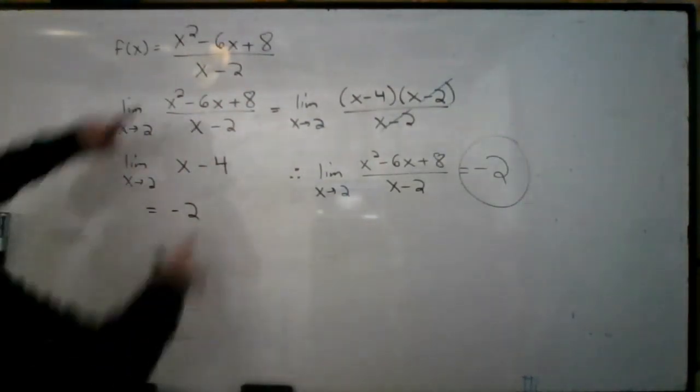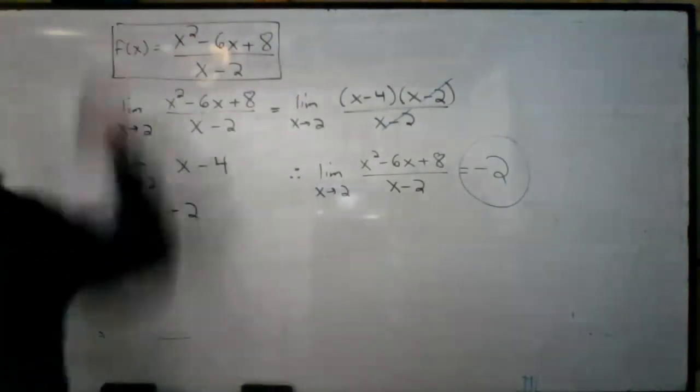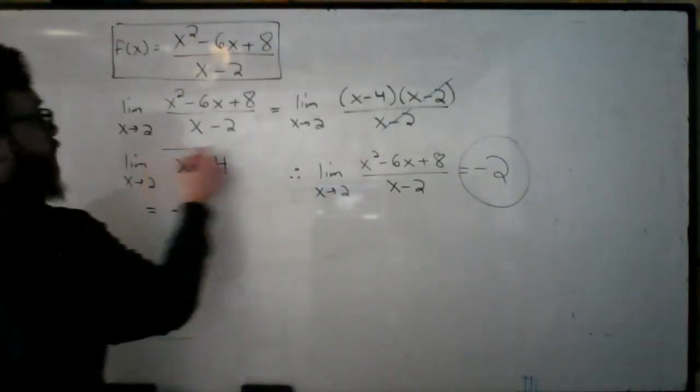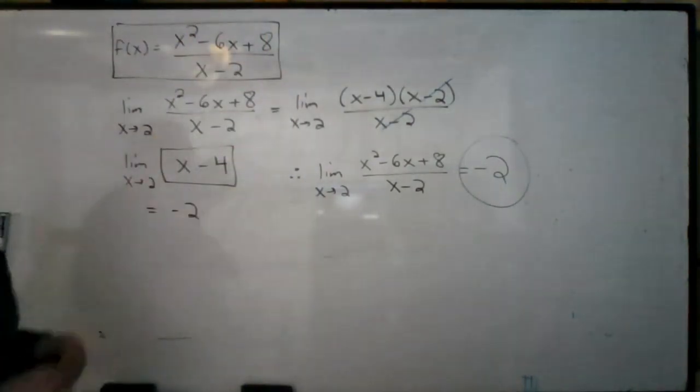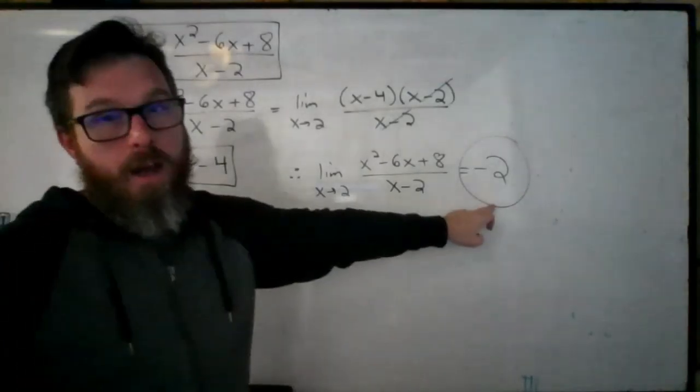So what I want to do is look at the graph of f of x, which is x squared minus 6x plus 8 over x minus 2, and also the graph of f of x, which is equal to x minus 4, and explain why these two functions actually have the exact same limit.